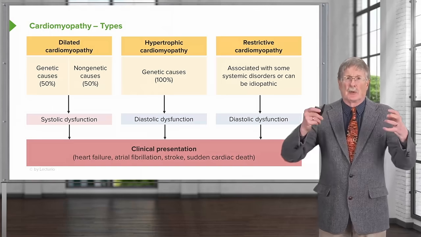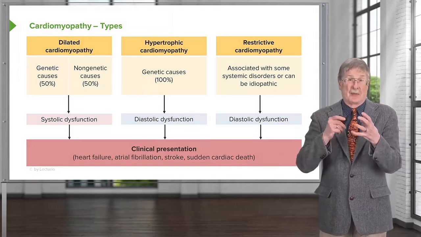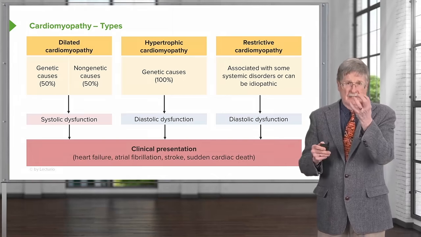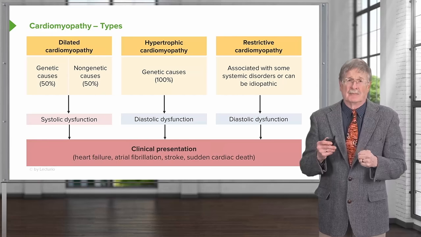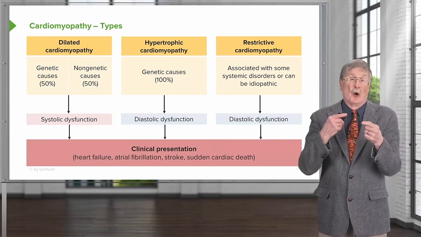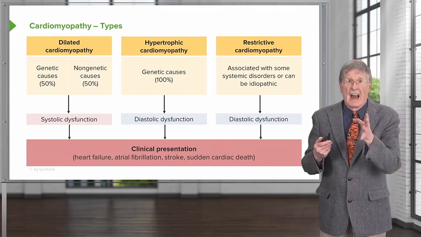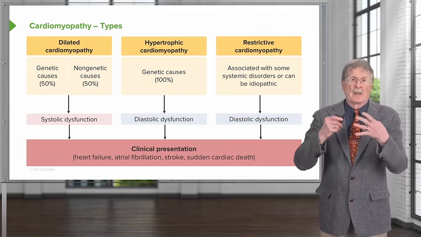We get left atrial enlargement that leads to atrial fibrillation. A combination of atrial fibrillation, a kind of quivering left atrium, and diminished flow through that dilated left atrium is going to make that portion of the heart prone to forming thrombi.